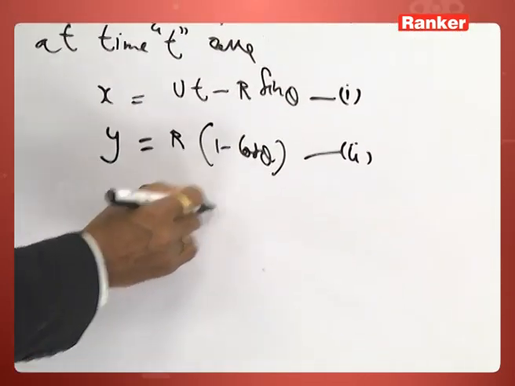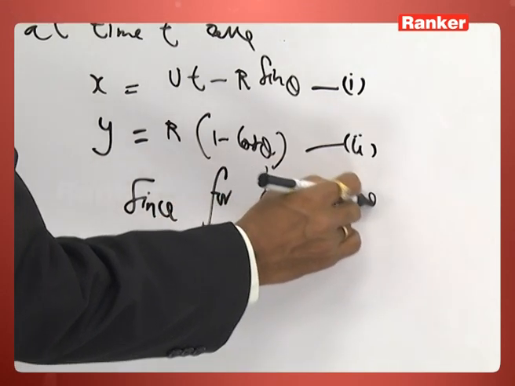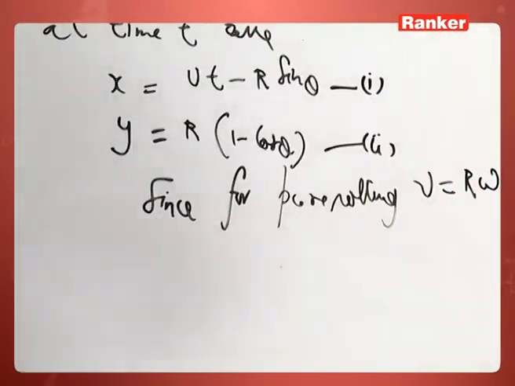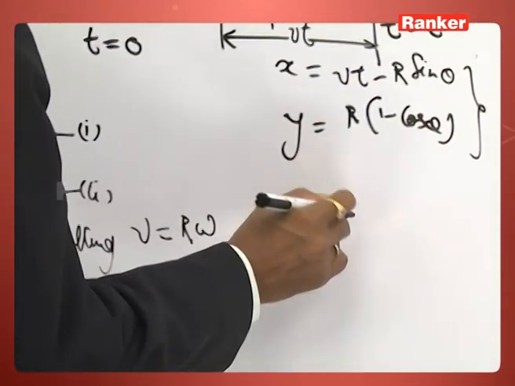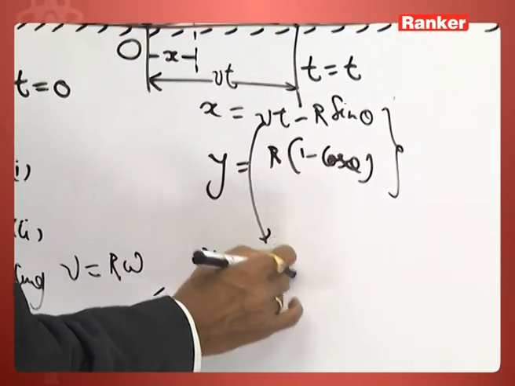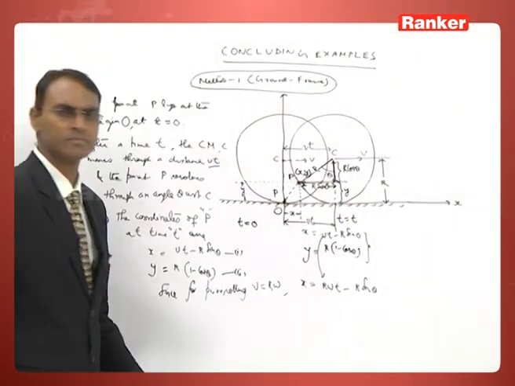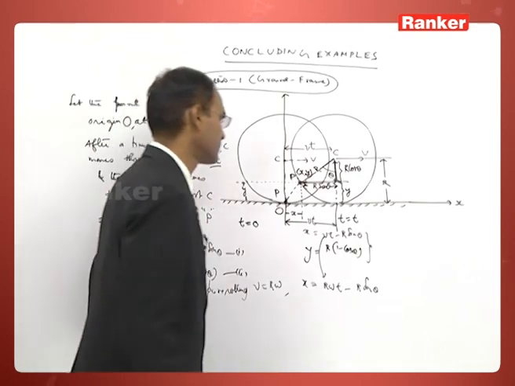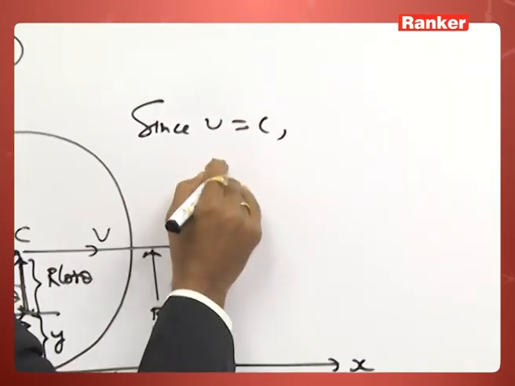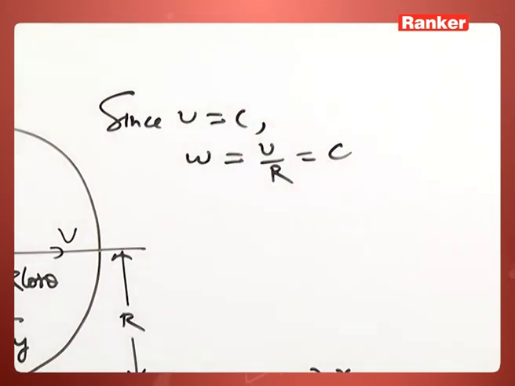Since for pure rolling V is equal to r omega, we can write x is equal to, instead of V, r omega into t minus r sin theta. Since velocity is constant, omega also is constant, because omega is equal to V by r, that is also constant.